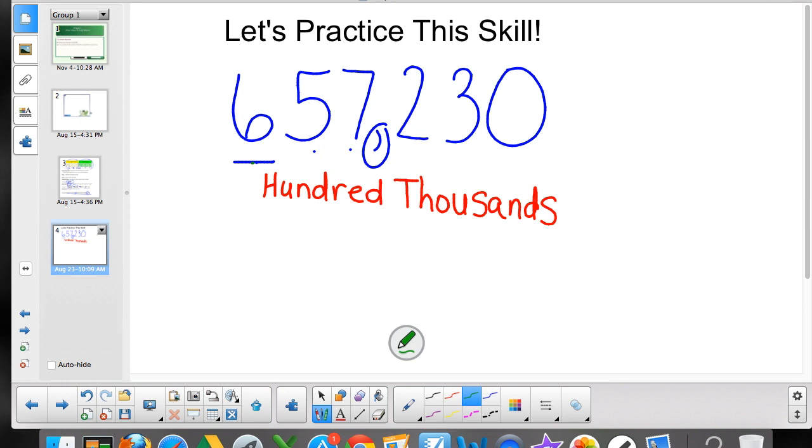So 600,000 would be written like this. The first answer represents the place, and the second answer represents the value.